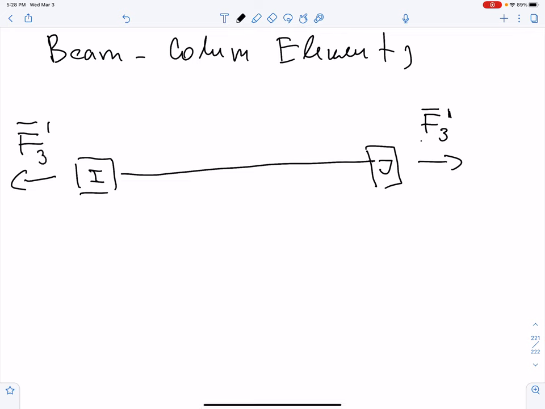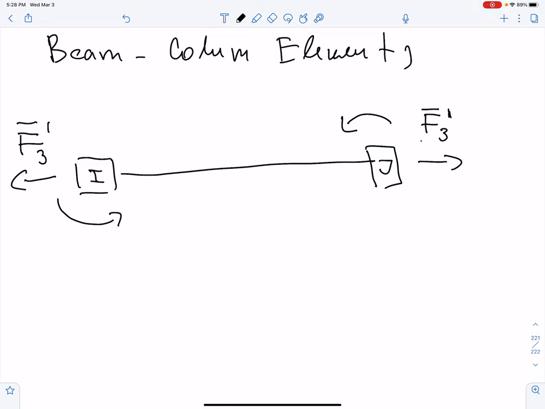This is what a truss would do. So if F over bar prime 3, you'll see why I'm denoting it by 3 in a second, is positive, then the element is in tension. But the element can also develop moments, like this.